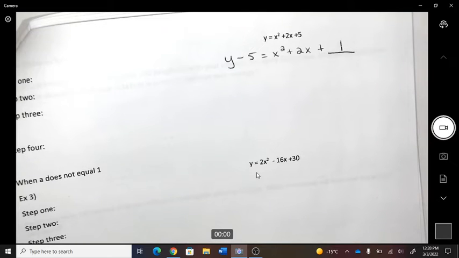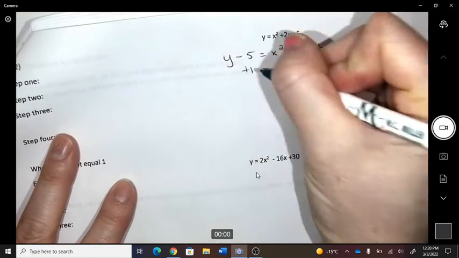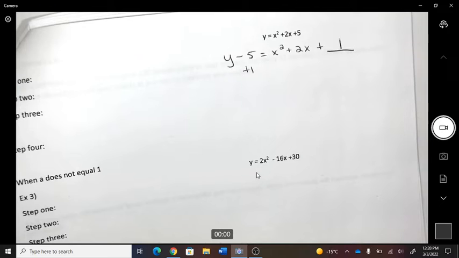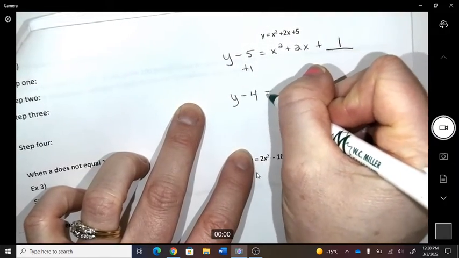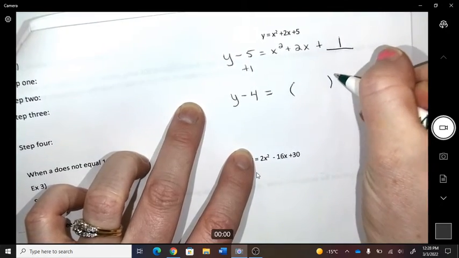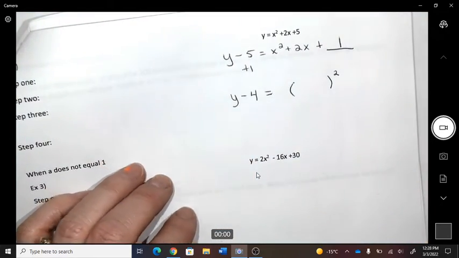Step 3. Okay, you created that. You threw it on. You upset the teeter-totter. So you need to bounce it back out. And step 4, finalize it. So y subtract 4 equals something squared.